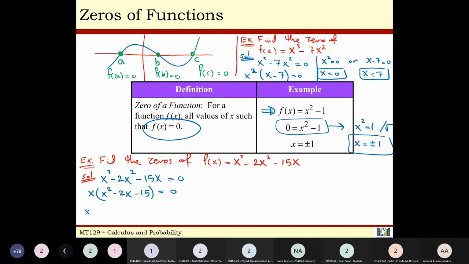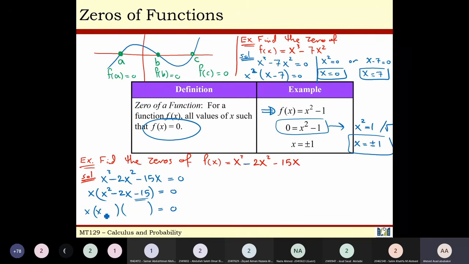So we have x, and give me two numbers, the product negative 15 and the addition negative 2. Okay, negative 5 and 3.